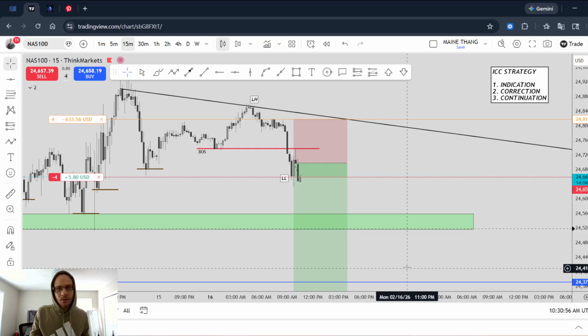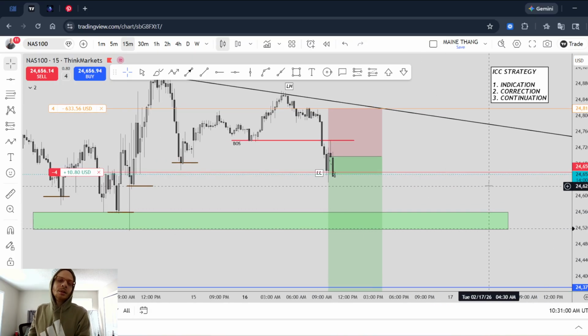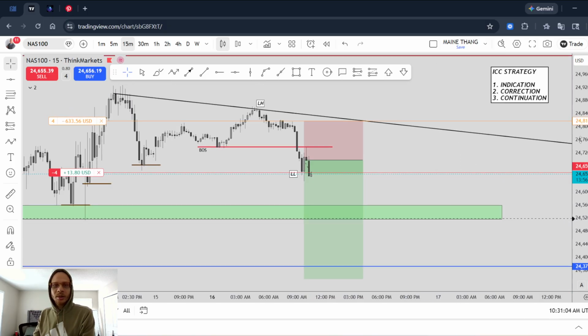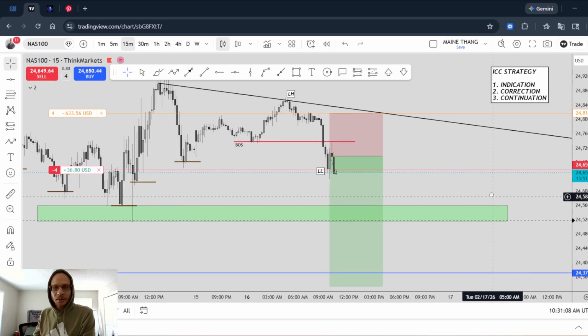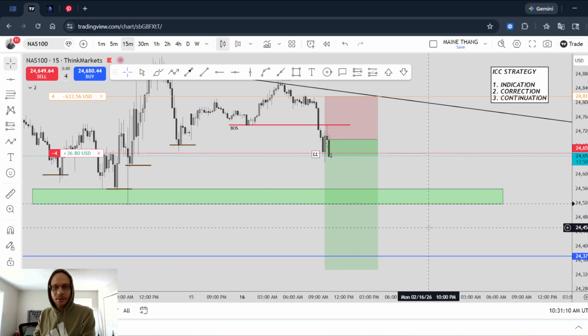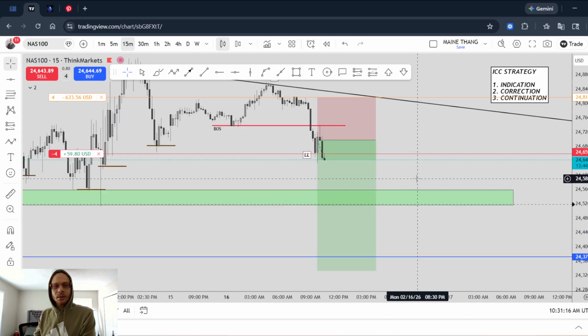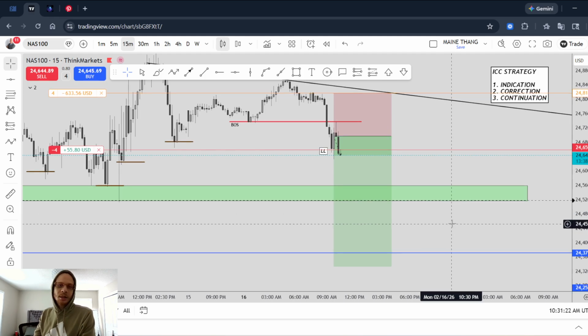We are entered. Now we just wait. This is where you take your hands off the wheel and wait. Be patient. Don't overthink. Set your TP and stop loss and do your thing.